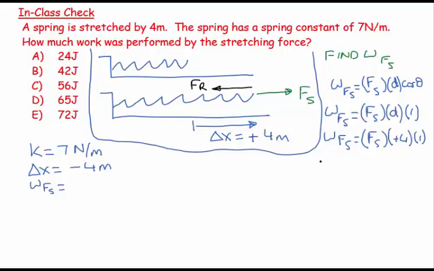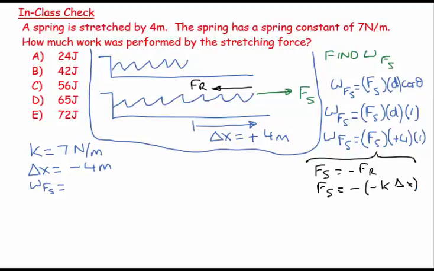So Fs is equal to minus Fr, which is minus of minus K times delta x.